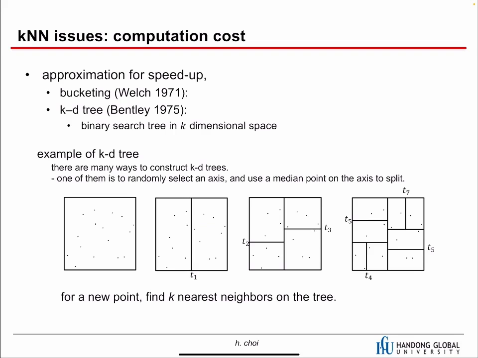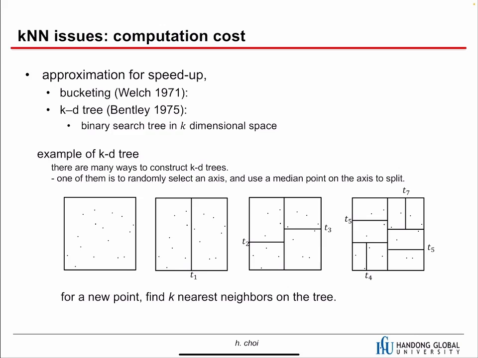Now let's talk about some issues in kNN, because when we have lots of training samples, it takes a lot of time. So we want to solve this computational cost. Instead of finding the exact neighbors, we approximate.